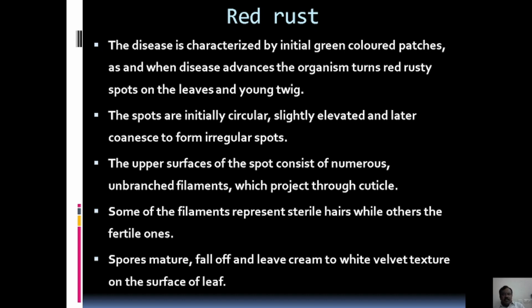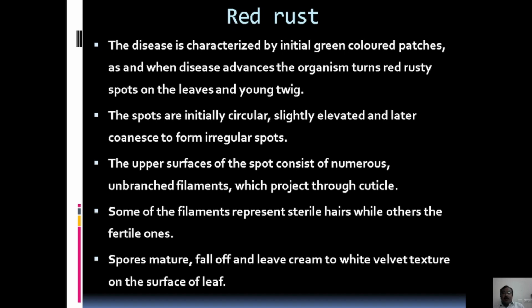The spots are initially circular and slightly elevated on the upper surface of the leaf. The pathogen produces unbranched filaments which project through the cuticle; some of these filaments are sterile hair-like structures of the pathogen, while the others bear the sporangia and are the fertile ones.